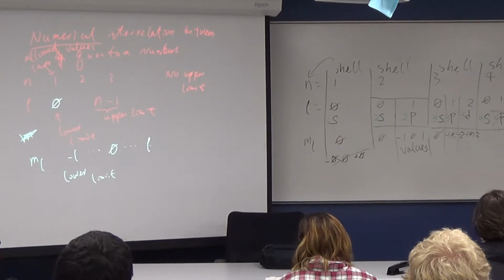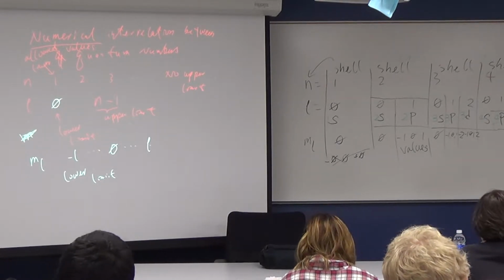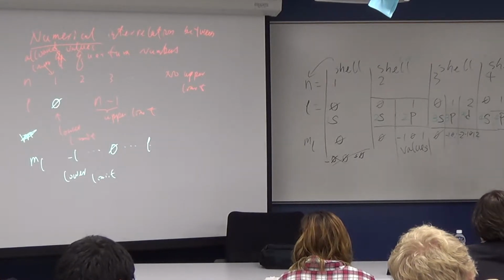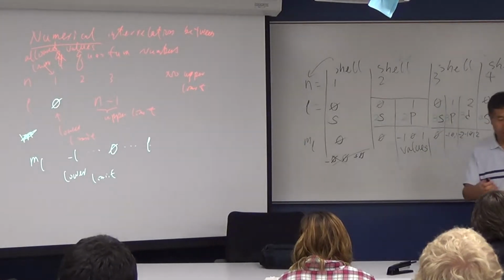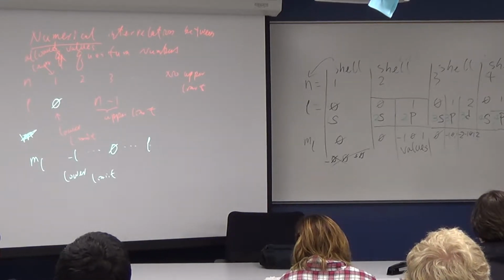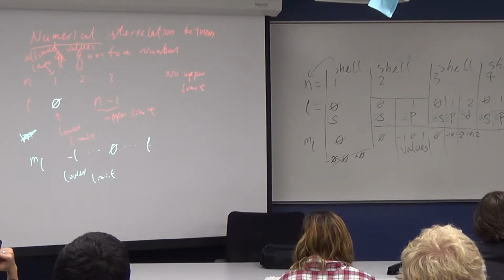Okay? Because the 3 have different orientations. Let's say this is a p orbital, like the 2 dumbbell, right? And you can have this orientation.